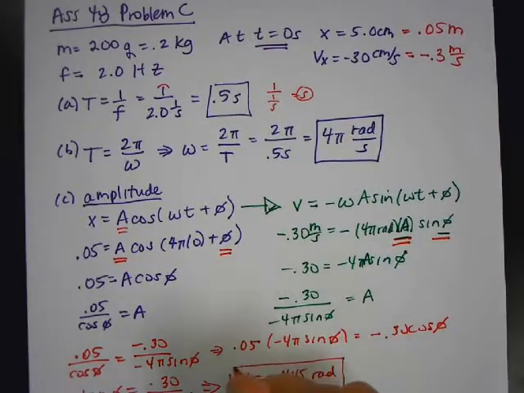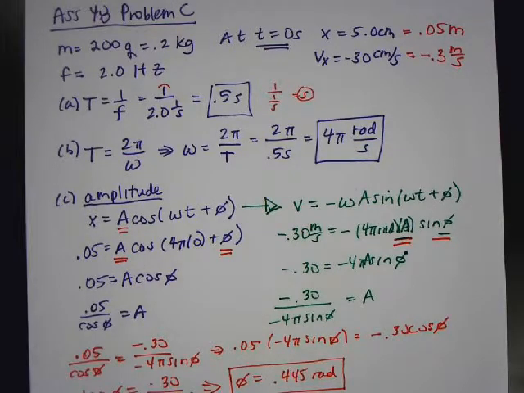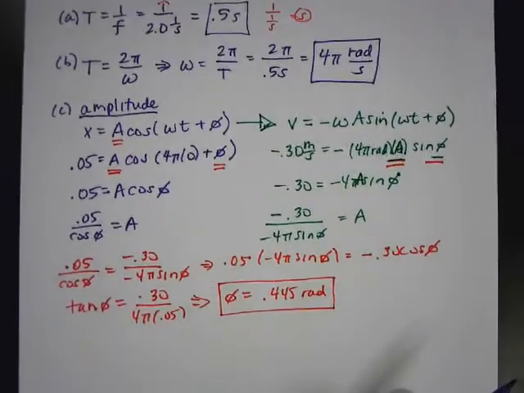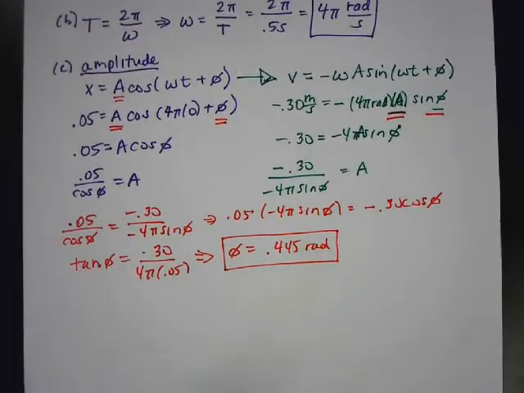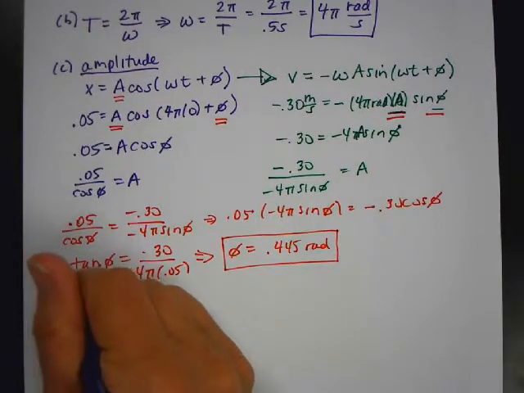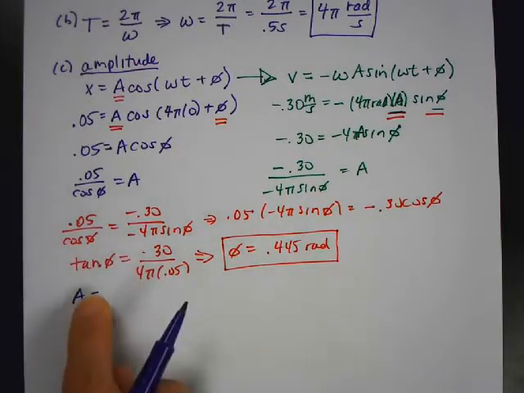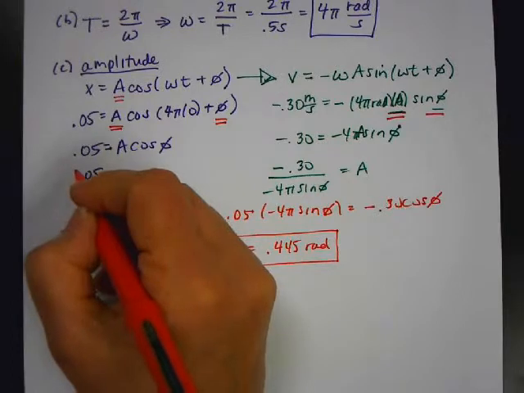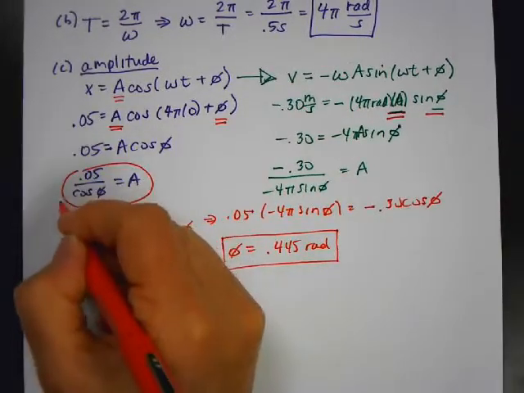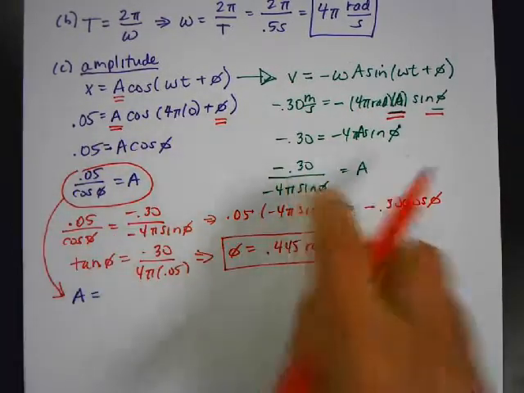Okay. So that was literally the hardest part. Oh, so we still had to find the amplitude. And you know what, there's probably an easier way to do it. So for the amplitude, I'm just going to go back to this and substitute it in here, or I could use the other one for amplitude.